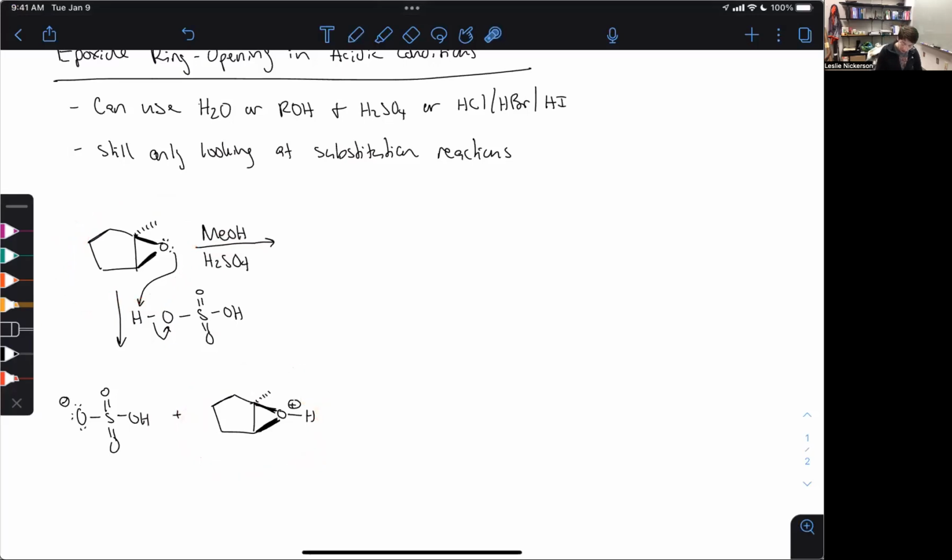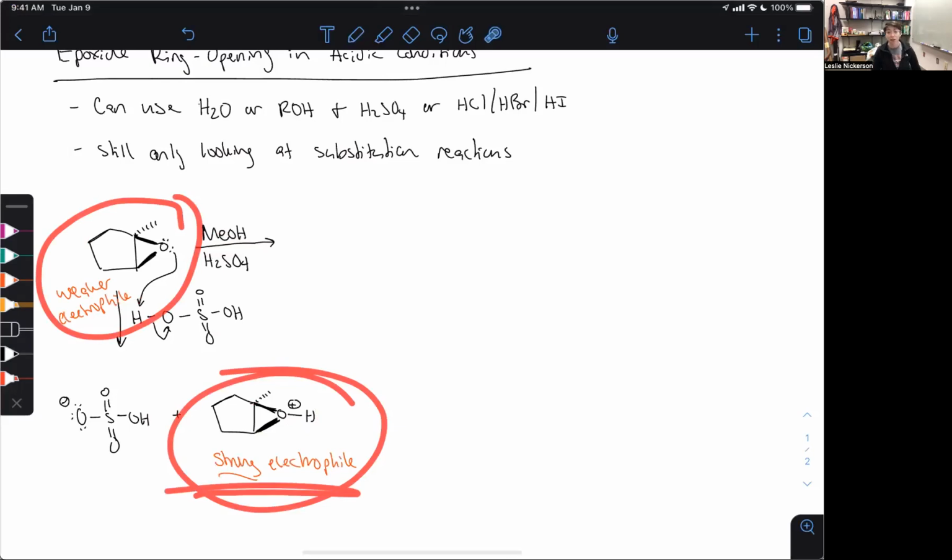Because I have that positive charge, it's pulling electron density very strongly towards the oxygen, making those two carbons of the epoxide more delta plus than before. So this is a strong electrophile, and this is a weaker electrophile. It's not super weak, but when you're comparing this to this one, it's definitely stronger.